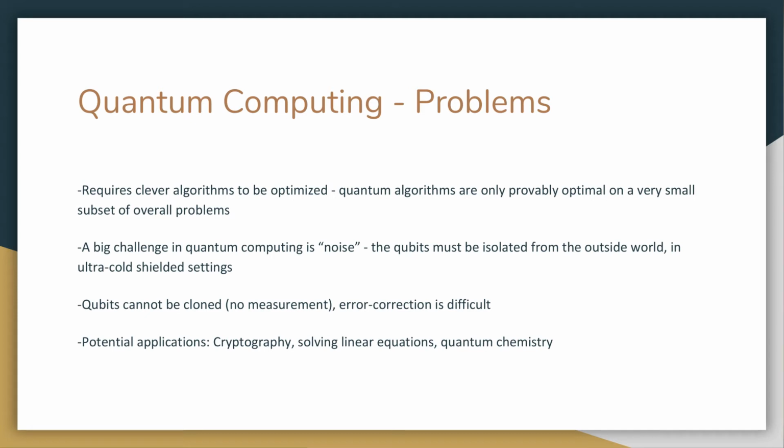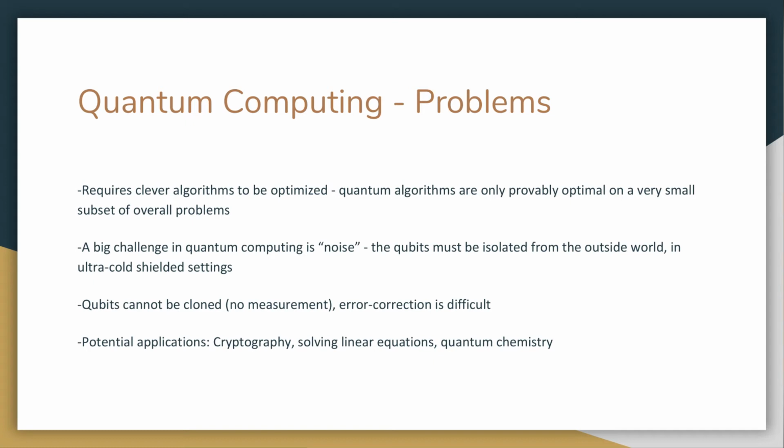So if you have a bunch of qubits, you have to shield them from the outside world somehow. This involves cooling them to around 20 millikelvin. It involves putting them in sealed boxes so cosmic rays aren't interacting with them. It involves eliminating stuff like mechanical vibration from the earth. It's insane how you have to treat the qubits.